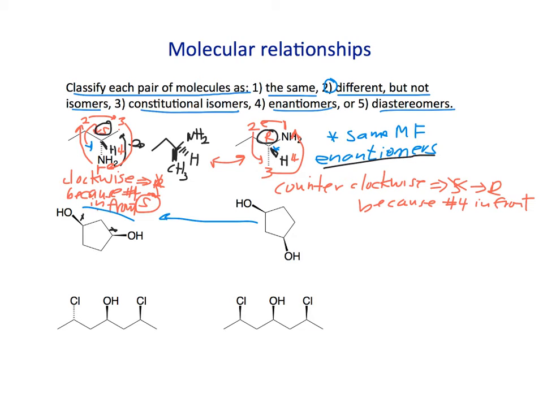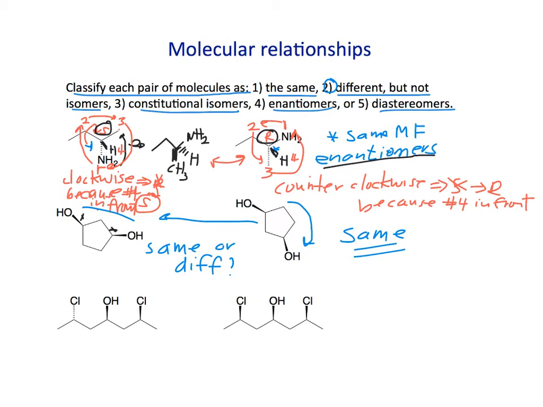But the question is, are they the same or are they different? Well, in fact, in this case, I could just rotate this molecule in the plane around like this, slide it right over, they'd be superimposable, and so these are, in fact, the same.